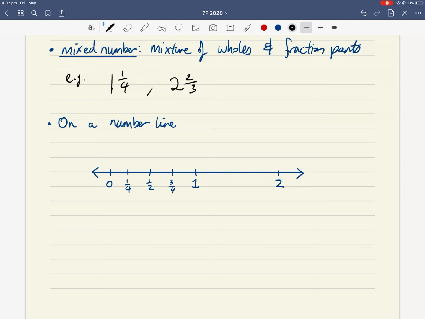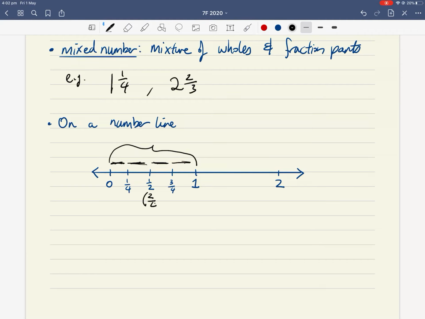And that's because if you consider the amount between 0 and 1, you have 1 slice, 2, 3, 4 slices, or gaps, right? So you have 4 gaps or sections in total. Every section is a quarter because you have 1 out of the 4 pieces. So the first section would be 1/4.